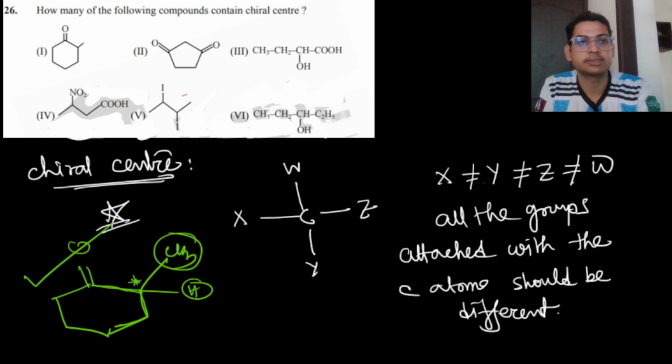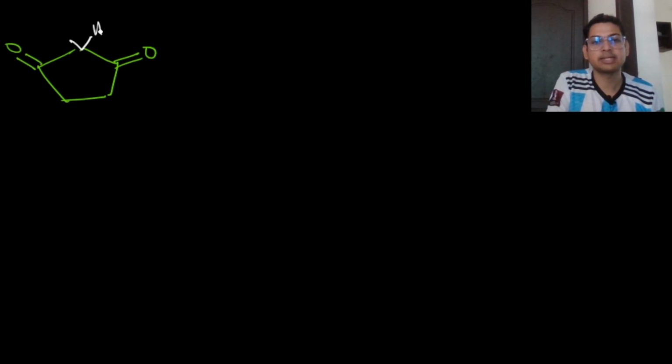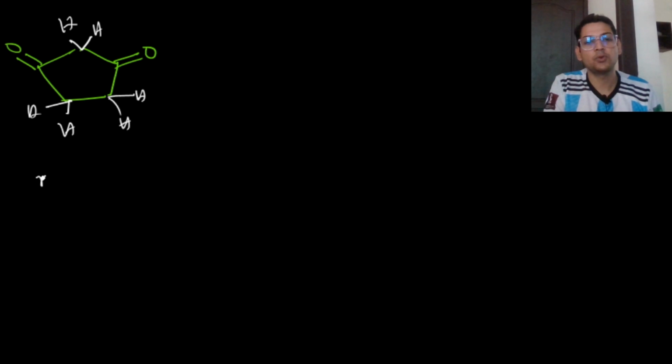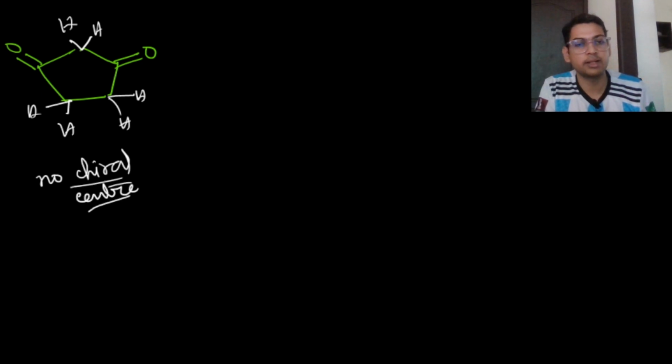Then we can do this type of thing here also, with double bond O like this. But you see each carbon is having 2 hydrogens. So no chiral center. Are you getting my point?